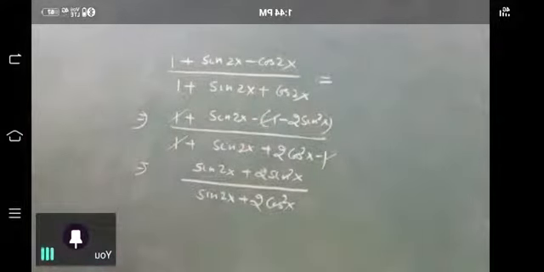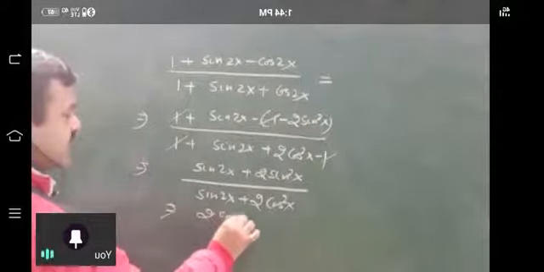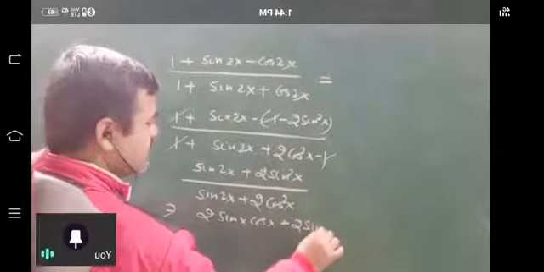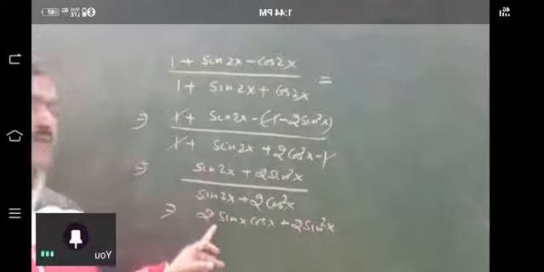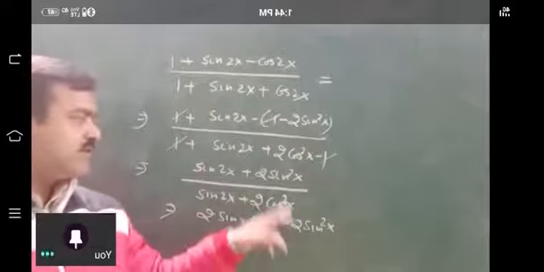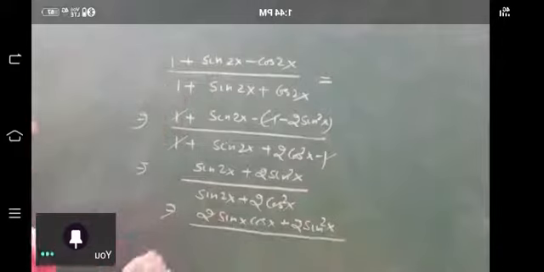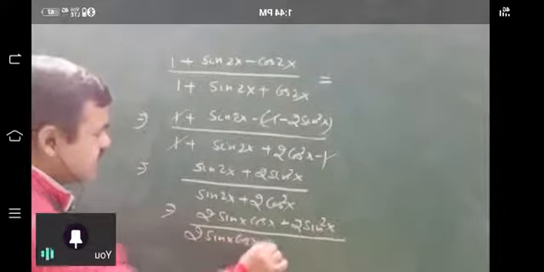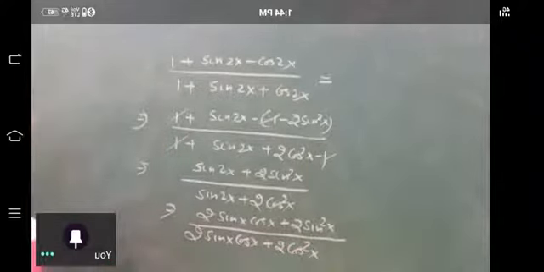Then the numerator becomes 2 sin x cos x plus 2 sin square x, divided by, again sin 2x equals 2 sin x cos x, plus 2 cos square x.